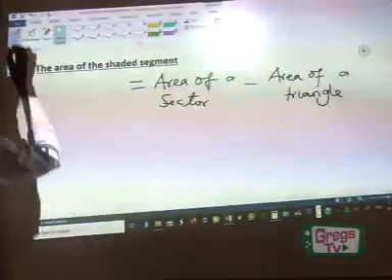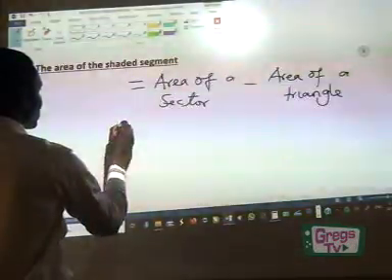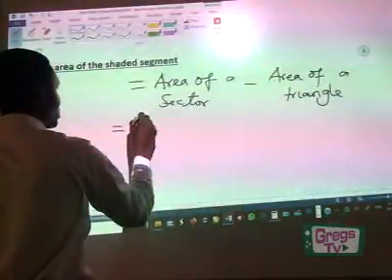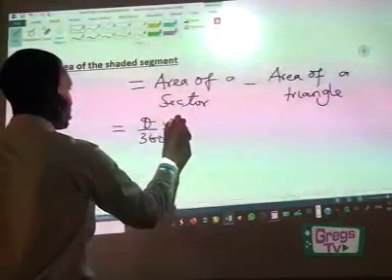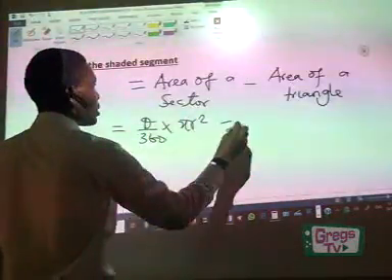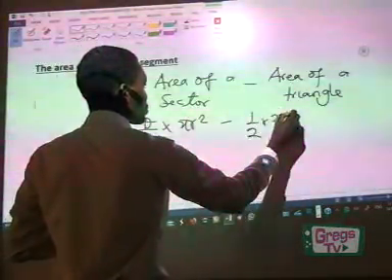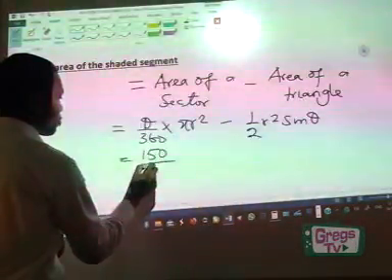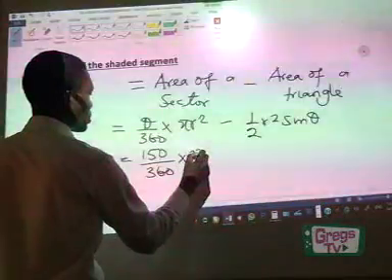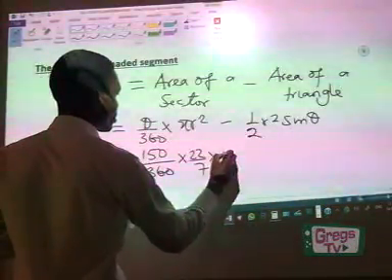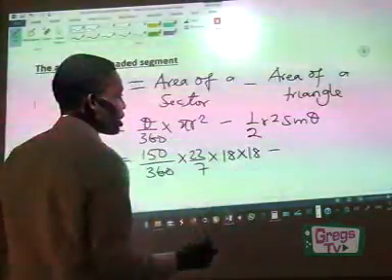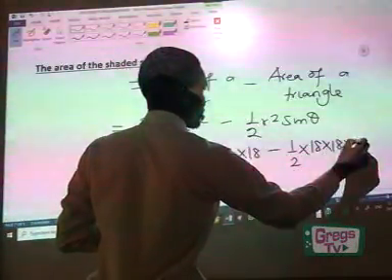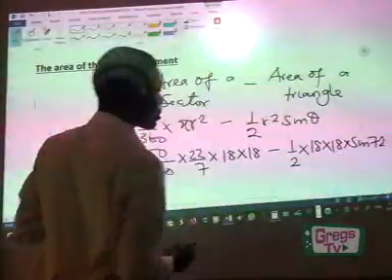So what's the area of a sector? We have it, mind you, it will be the minor sector. That would be theta over 360 times pi r squared minus area of a triangle, half r squared sine theta, and that gives you 150 over 360 times 22 over 7 times 18 times 18 minus 1 over 2 times 18 times 18 times sine 72 degrees.